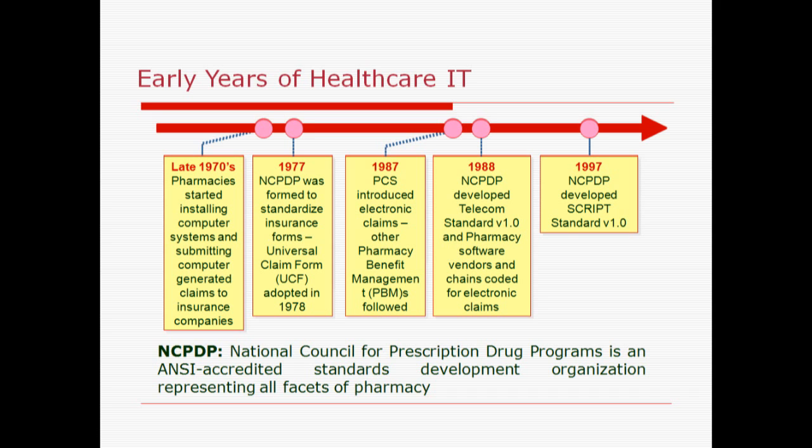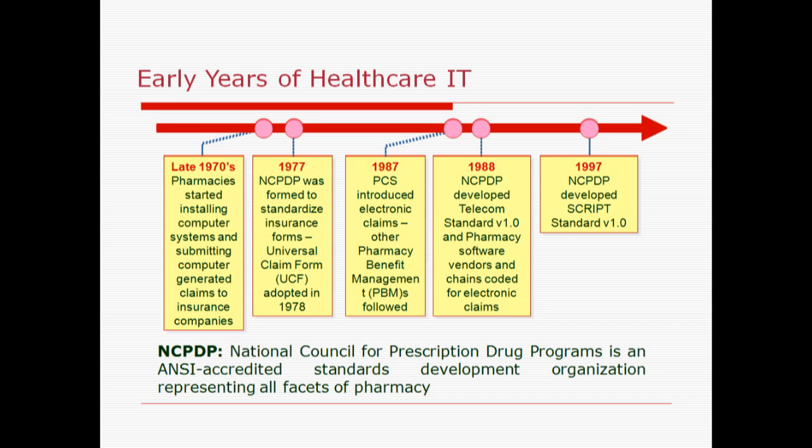After an approximately 10-year gap, in 1987, PCS introduced electronic claims, which other pharmacy benefit managers followed. And in the next year, 1988, NCPDP developed telecom standards V1.0, and pharmacy software vendors and the chains coded for electronic claims.